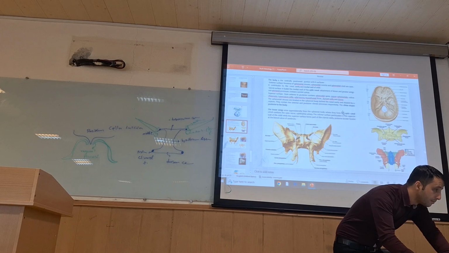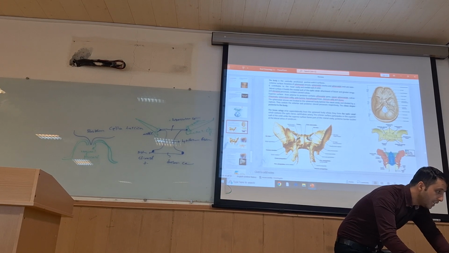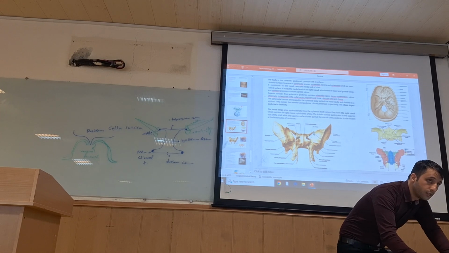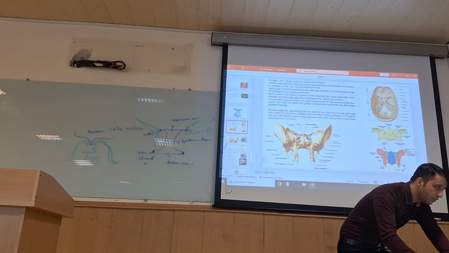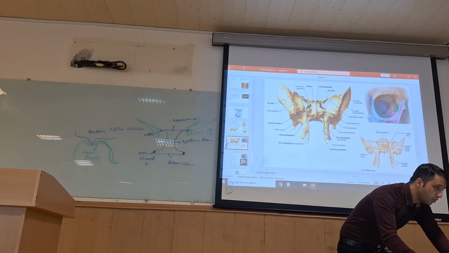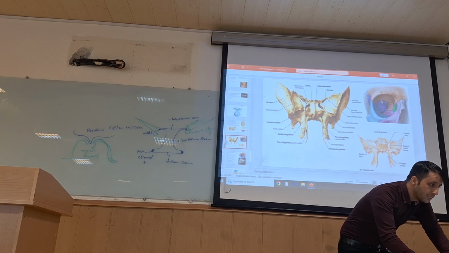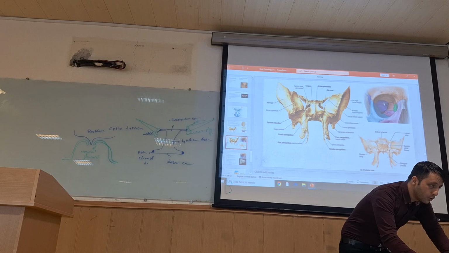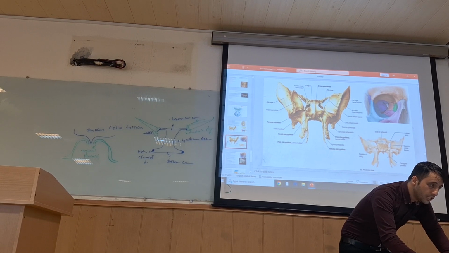Look at here. It is the superior orbital fissure. Okay? It is located between the lesser wing, the greater wing, and the body of the sphenoid. Look at here in the orbital cavity. It is the lesser wing, the greater wing, the superior orbital fissure, and some part of the body here. What is this foramen? Here.